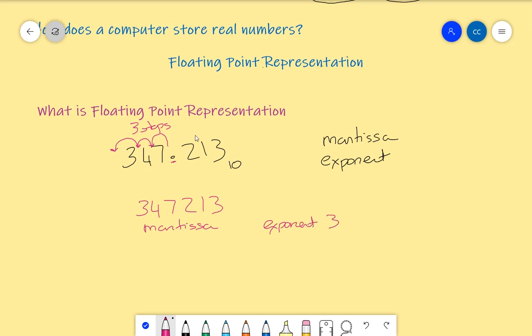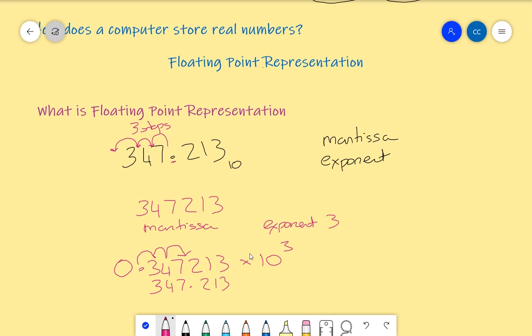Now another way this number could be written is 0.347213 times base 10 to the power 3. Now you've probably seen this scientific notation in your maths class, and if you evaluate this part, you know that you're moving 1, 2, 3 places, and you end up with 347.213.